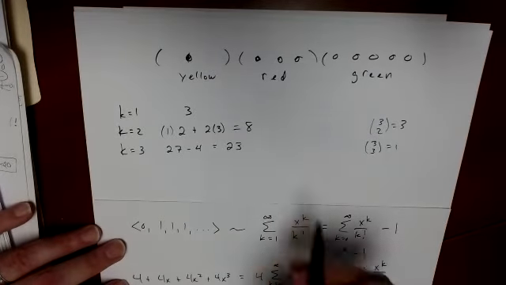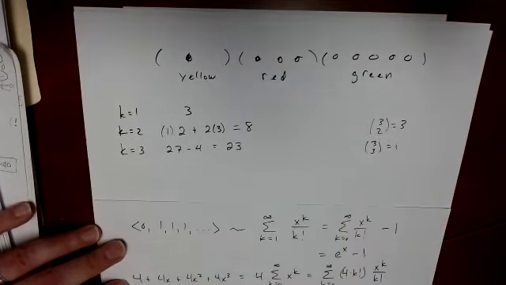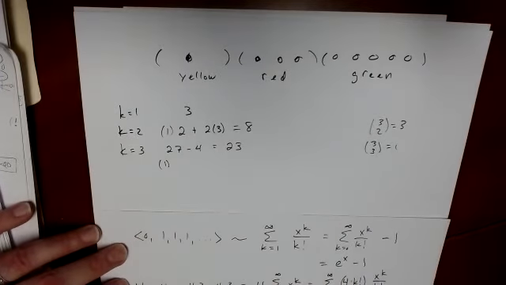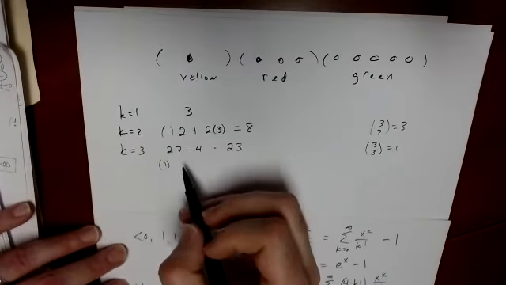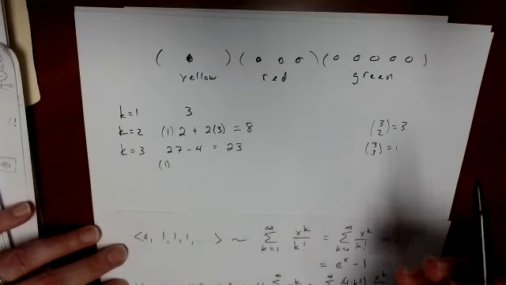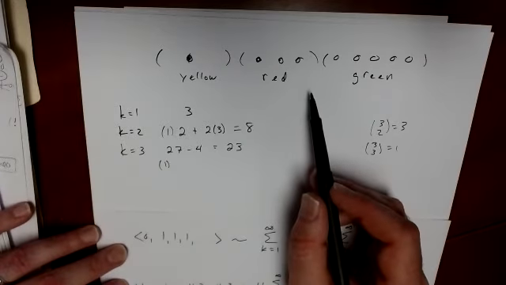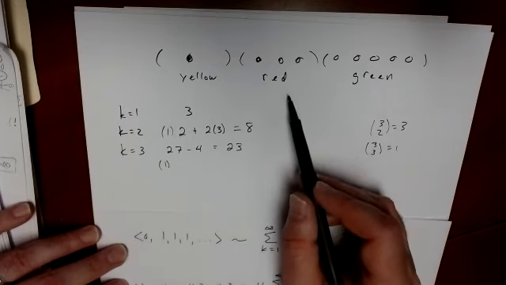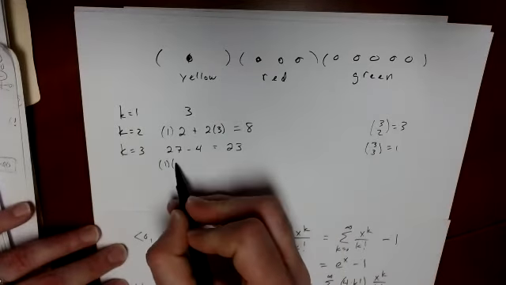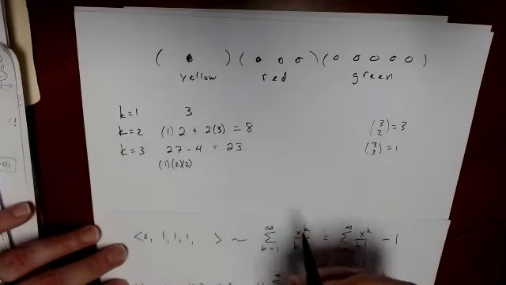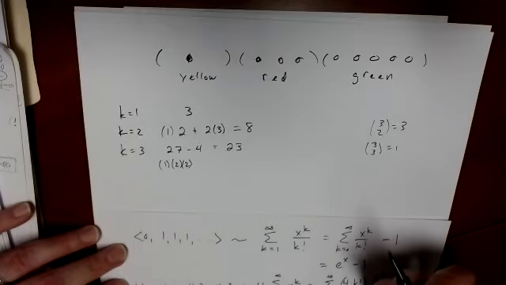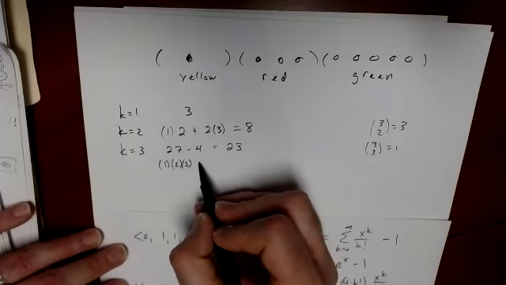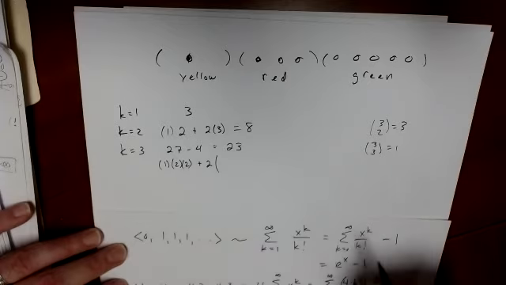Now, I think we can do that the other way, too. We can say, well, if I pick a yellow for the first one, there's only one way to do that. And then I have two choices for the second and 2 choices for the third. If I don't pick a yellow on the first choice, then I have 2 choices.